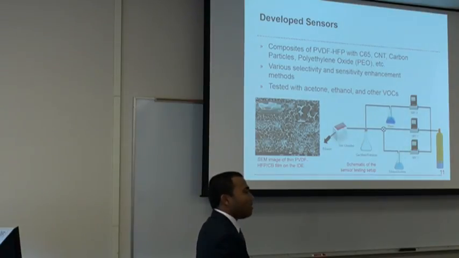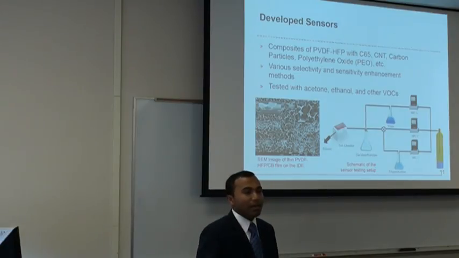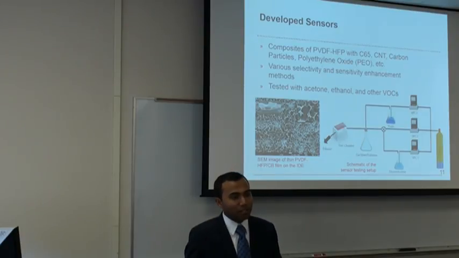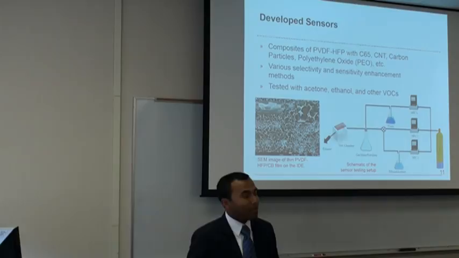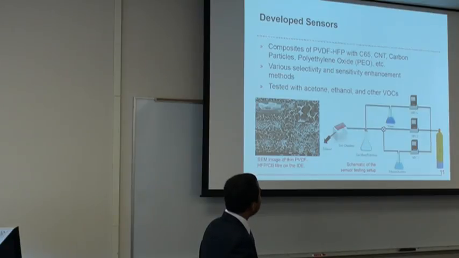One of the good things about being able to change the sensing property is that you can make an array of sensors using the same material by changing some of the configuration or some of the surface properties. That is the reason we also like the PVDF-HFV. And this is how we test our sensors. We test with individual components, introduce air, make it humid, and also introduce different compounds in the test chamber.